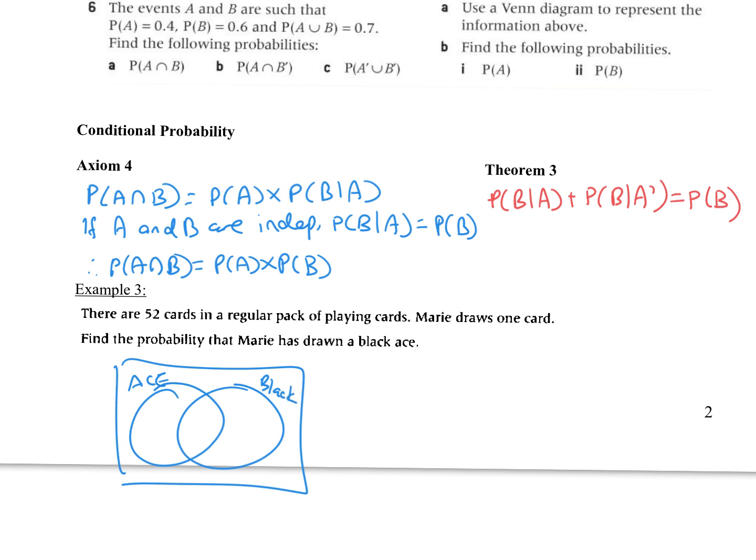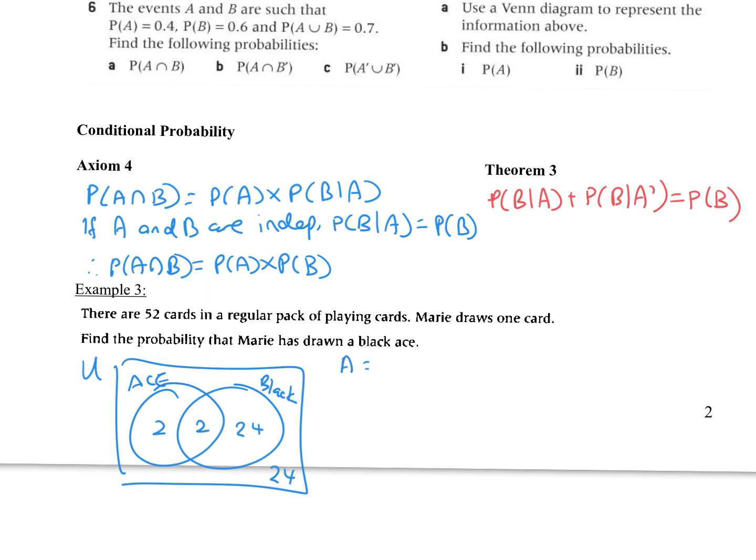We know that there are four aces, and two of them are red, two of them are black, so it's 2-2. And there are 26 black cards, so this will be 24 here, and the rest of the cards will be 24. This is a universal set.